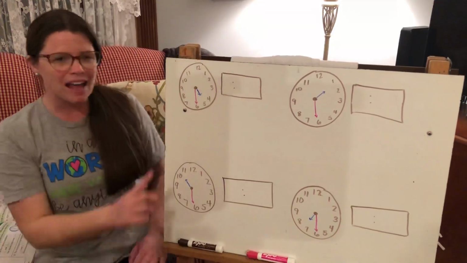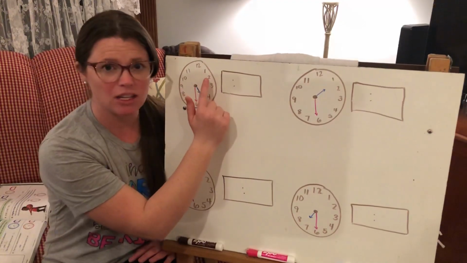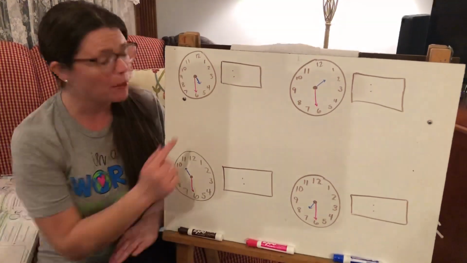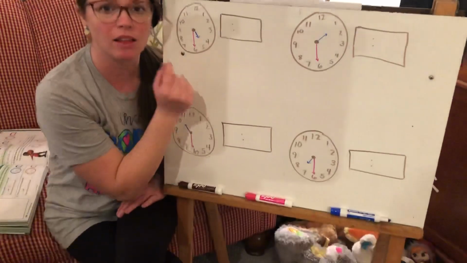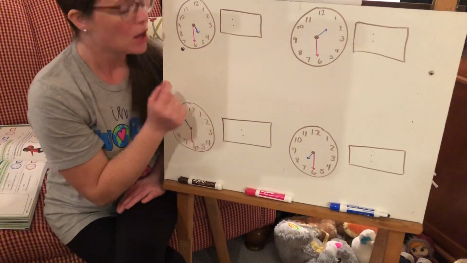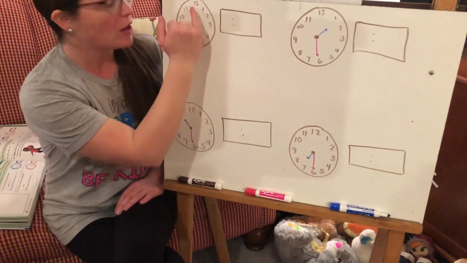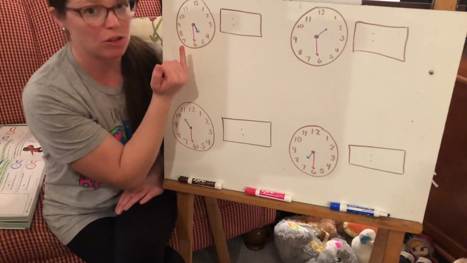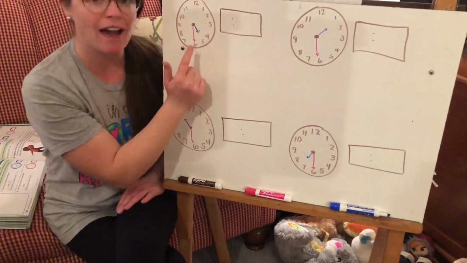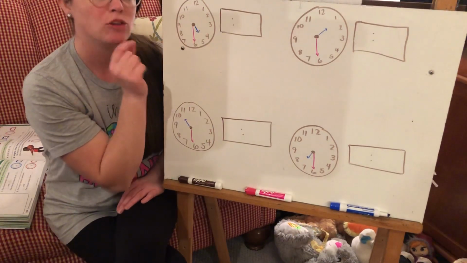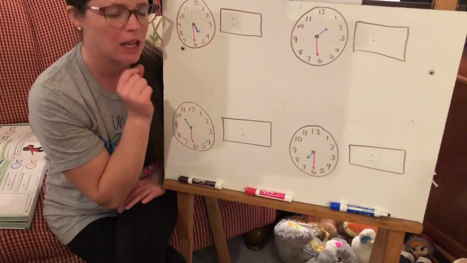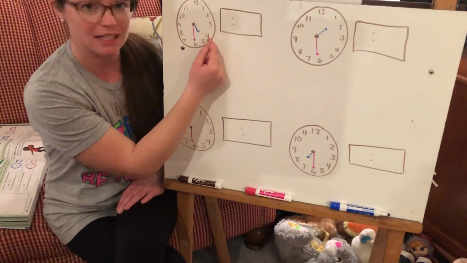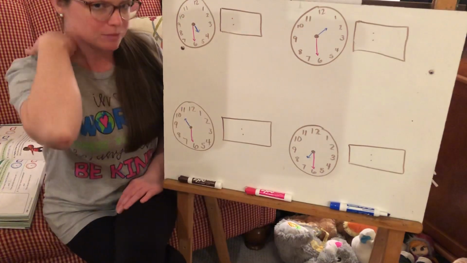As your minute hand is moving around the clock, your hour hand is actually moving a little bit too. When you are halfway through an hour, so that's 30 minutes, your hour hand is going to be halfway in between this hour and the next hour.